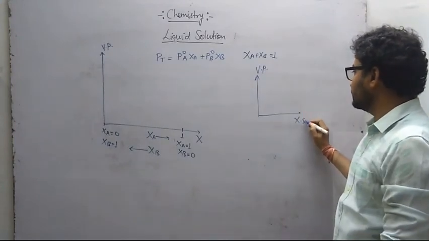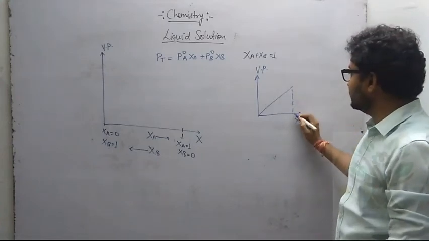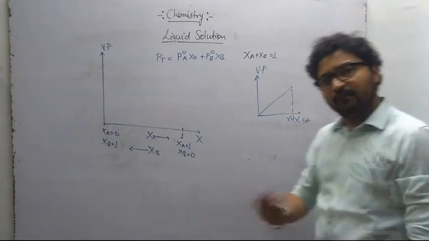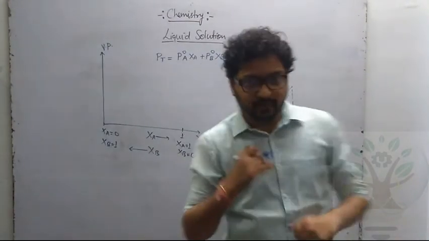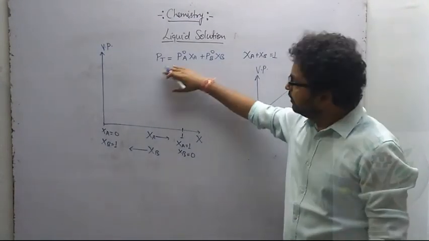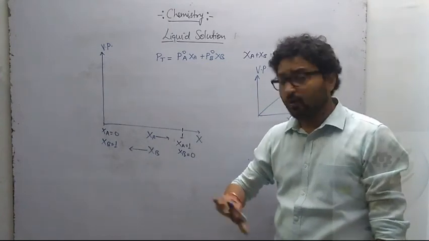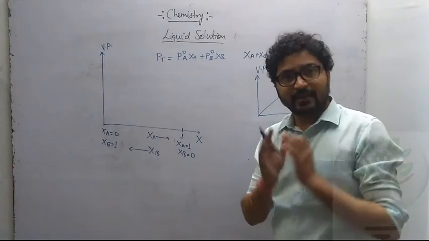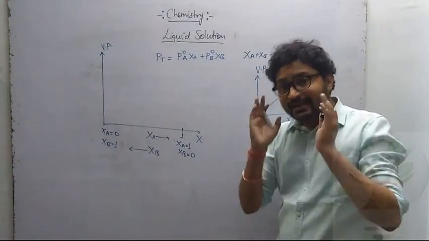And there the value of X was 1. We have already drawn such a graph. In the same way, although we are having both liquids simultaneously, we will try to draw a graph considering that they are separate.